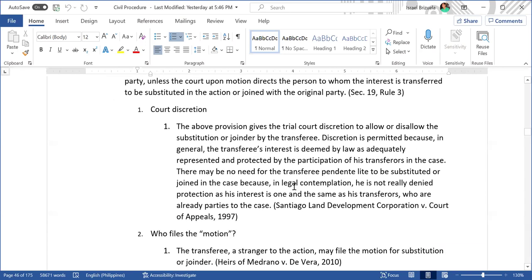Discretion is permitted because in general the transferee's interest is deemed by law as adequately represented and protected by the participation of his transferor.